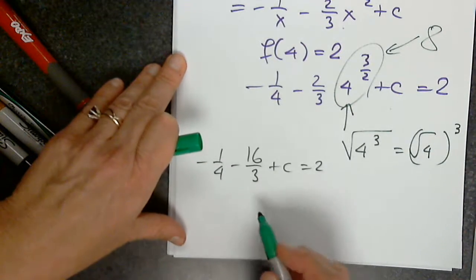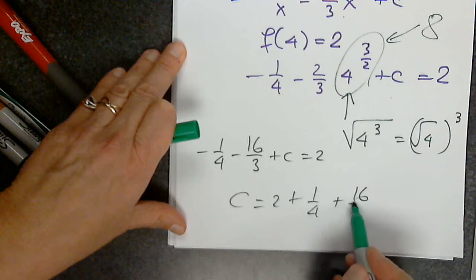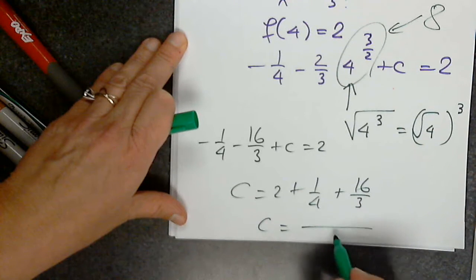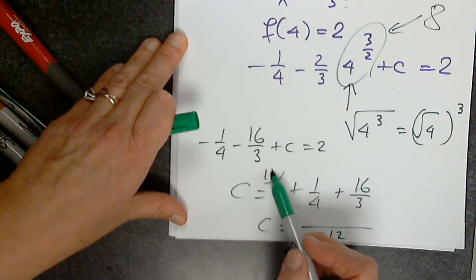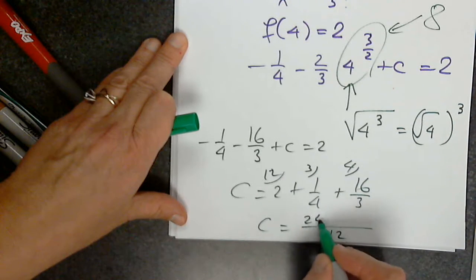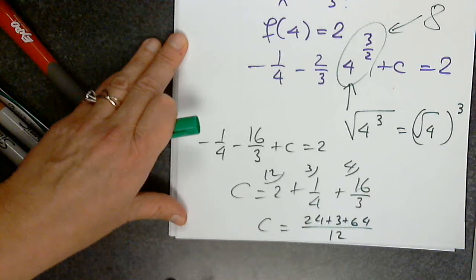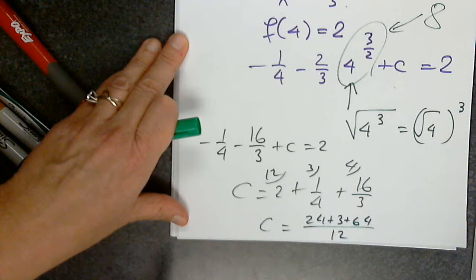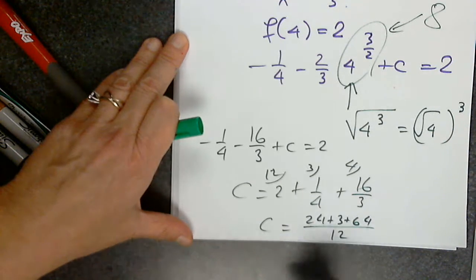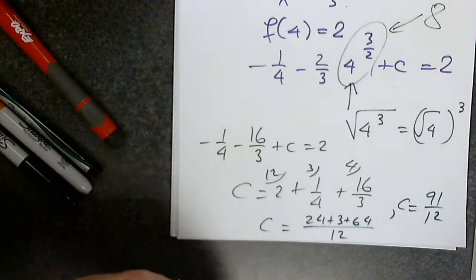And I will move these to the other side. Plus 1 over 4 plus 16 over 3. Find the least common denominator, 12. I know you can do this, so that's 24 plus 3 plus 64. So 64 plus 24 is 88, 91. So c equals 91 over 12.